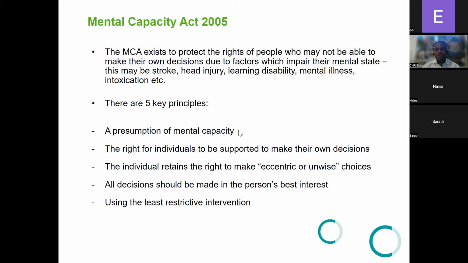You don't presume. The second one is the right for individuals or service users to be supported to make their own decisions. So every service user has the right to be supported. You don't make a decision for them just by saying, oh, I thought he was not able to say anything, so I did this. No. Have you sought support for them? That's why we have advocacy services.